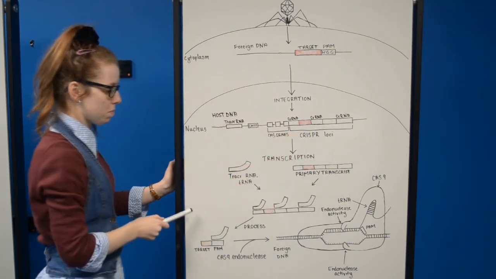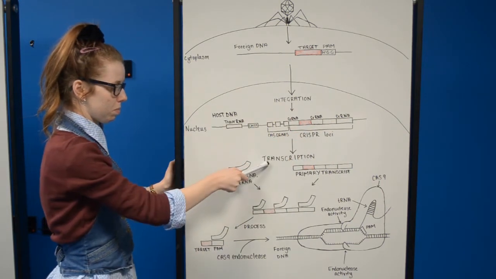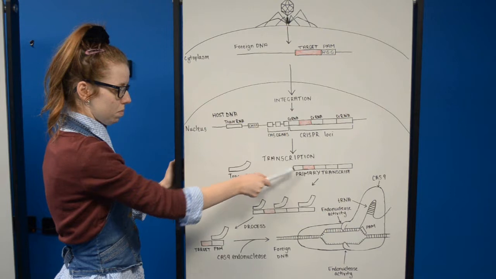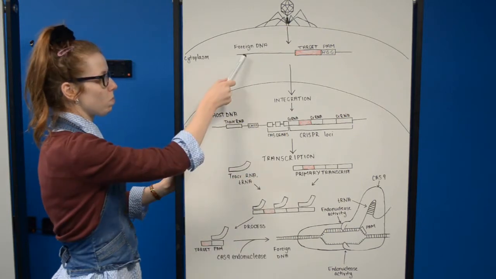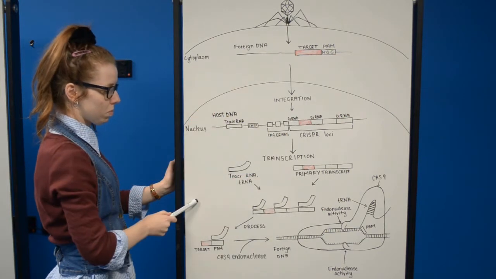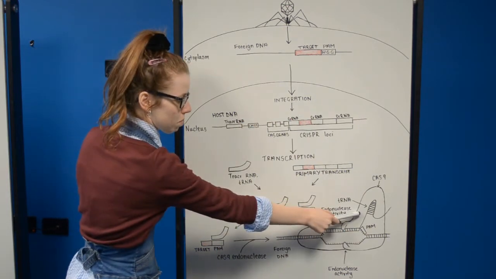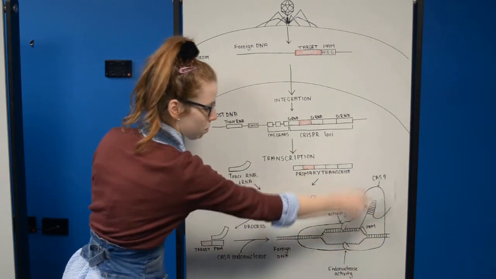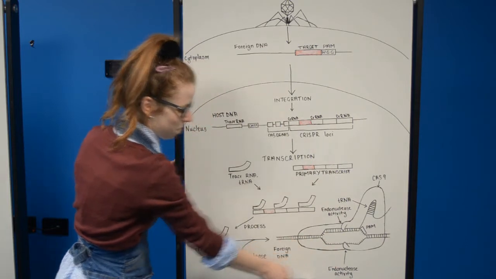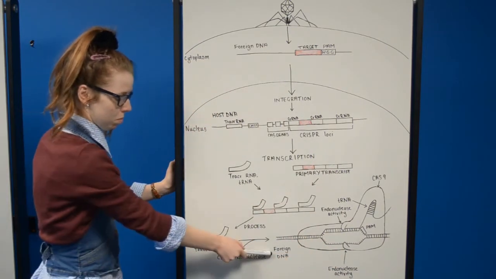The CRISPR locus is transcribed to form CRISPR RNAs. These are complementary to another segment of that same foreign DNA upon re-entry to the cell. The CRISPR RNAs act as a guide, bringing in the Cas9 endonuclease to cut the foreign DNA. This protects the cell from that DNA, which may belong to a pathogen.